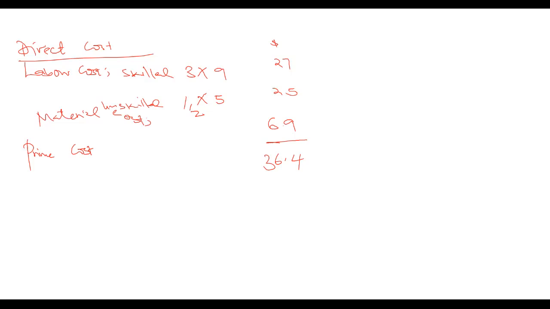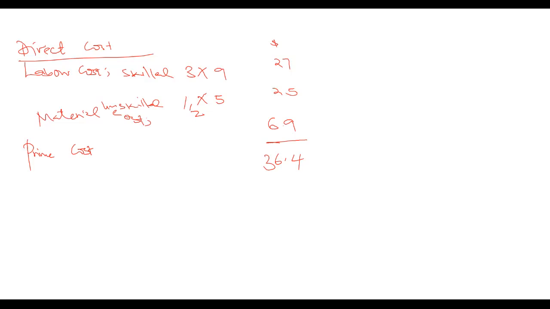Excuse me, sir. I have a question. It's Moses. I was asking what happened to the $2 and the $4. Okay, if you want to draw the entire cost card, you can.